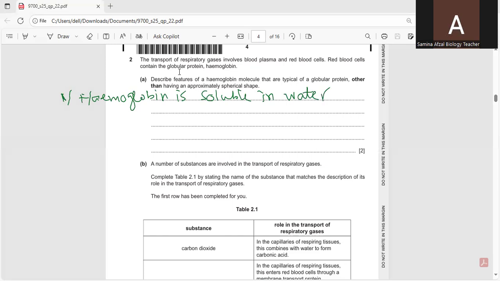It is soluble in water, and its solubility is due to the way the polypeptide chains fold, positioning hydrophilic R groups on the outside of the molecule to interact with water.